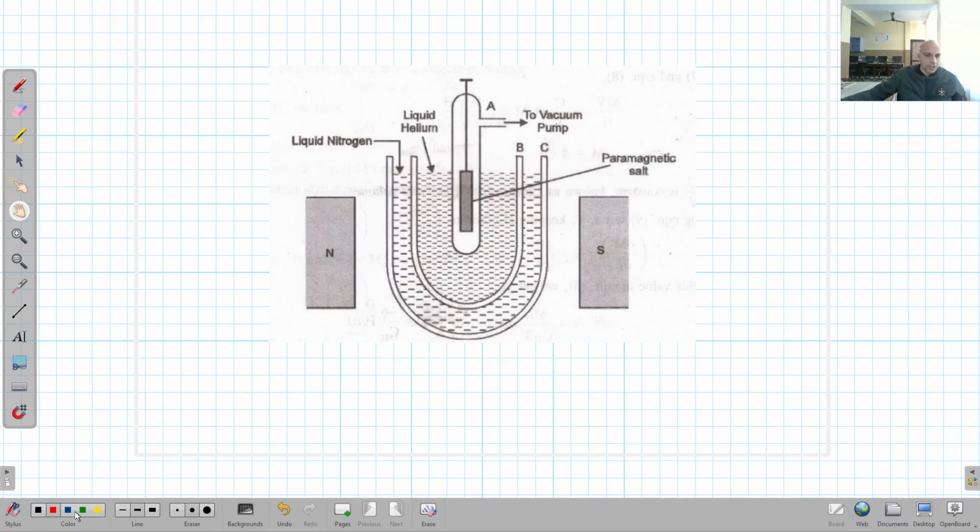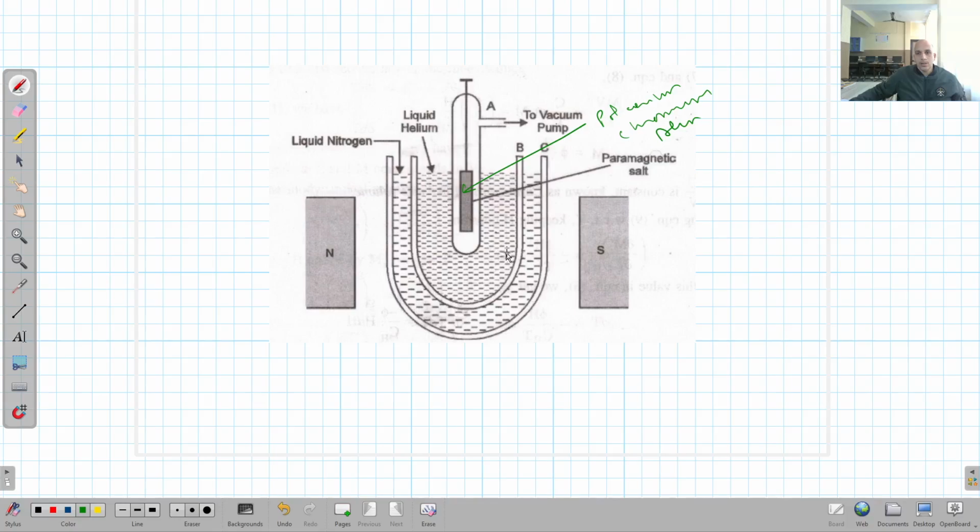Clear? So potassium chromium alum is paramagnetic. We have placed it in this tube that is connected to the vacuum pump.